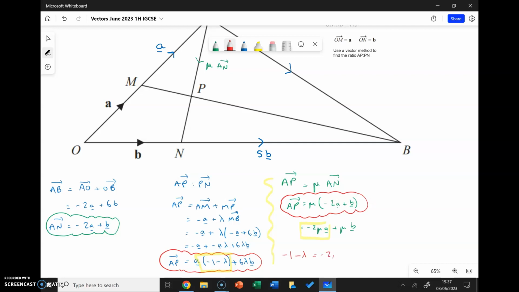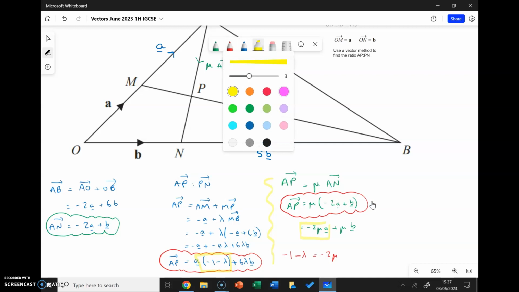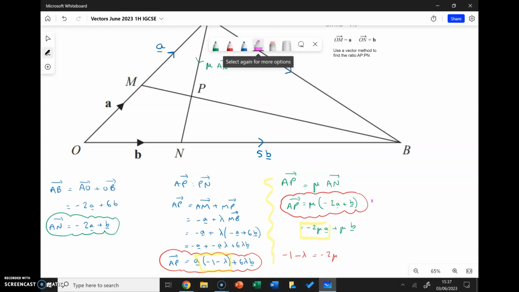I'm saying these two bits must be the same, because they're both an amount of a. So that bit must be true. And similarly, we could do it for the b's. Let's go crazy and have another colour. So now I'm going to do it for these two bits. So now I must be able to say, well, 6 lambda must be the same as mu. So now I've got two simultaneous equations, which I must be able to solve.